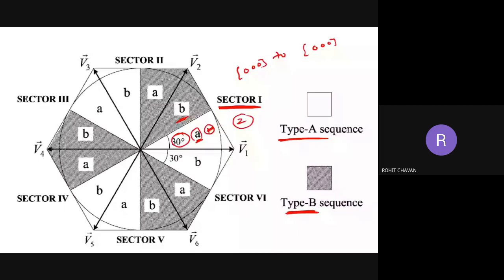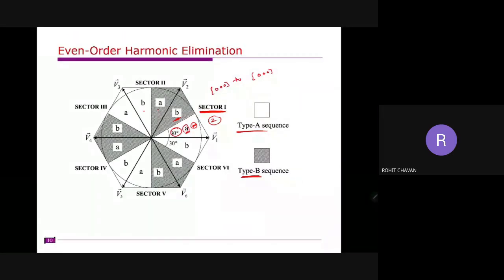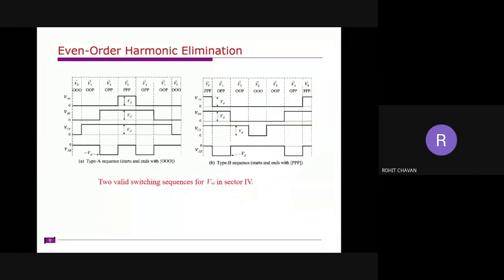In sector 1, in the first 0 to 30 degrees we follow type A sequence, and from 30 to 60 degrees we need to follow type B sequence. Similarly, this is for sector 2. Clear? Now we will see what type A and type B switching sequences are.